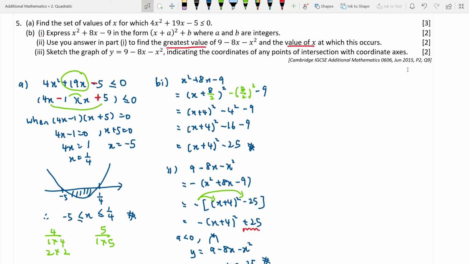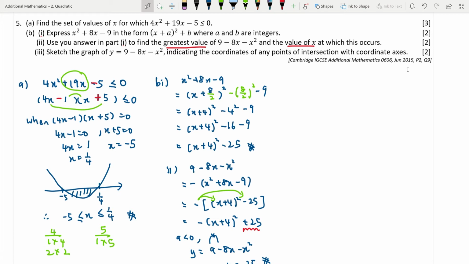B3. Sketch the graph of y equal to 9 minus 8x minus x squared, indicating the coordinates of any points of intersection with coordinate axis. We are asked to do two things. First, we need to sketch the graph. Then, we need to indicate the coordinates for x-intercept and y-intercept. We are halfway done.